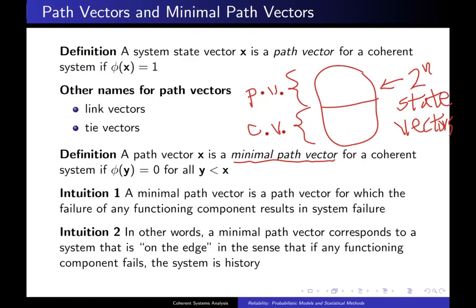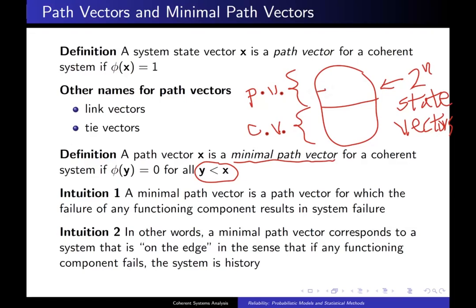So intuition 1 here is that a minimal path vector is a path vector for which the failure of any functioning component results in system failure. You'll have to go back to the definition of less than for vectors to see that that's a reasonable way to interpret these.